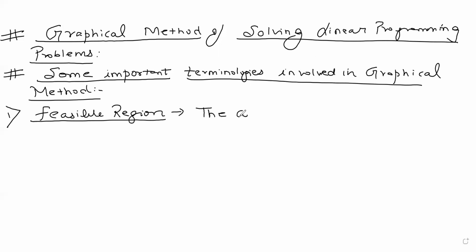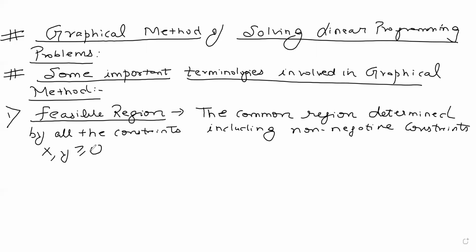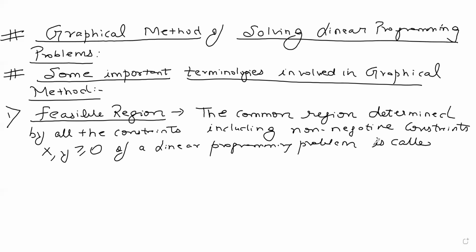The common region determined by all the constraints, including the non-negative constraints, x and y greater than or equal to 0, of a linear programming problem is called the feasible region.